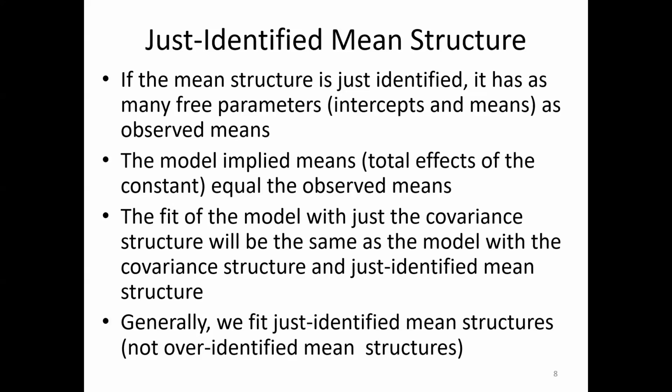And it doesn't matter which way I identify it, because I'm estimating 8 mean and intercept parameters and I've got 8 pieces of information, the mean structure is just identified. So I can totally reproduce those 8 means in any of those scenarios.